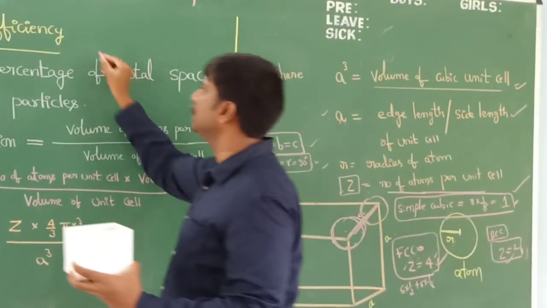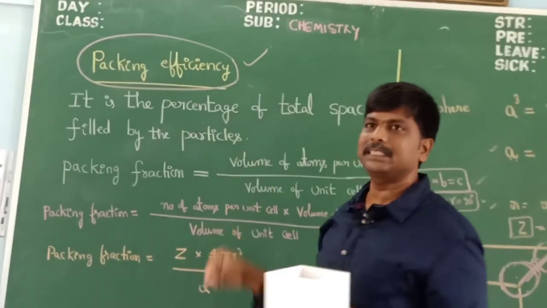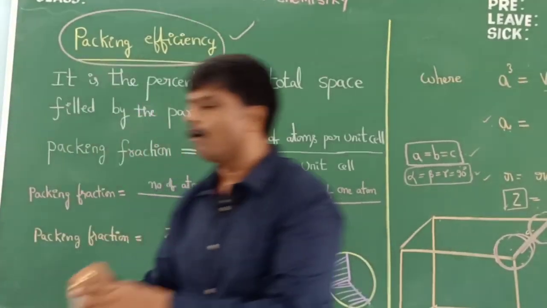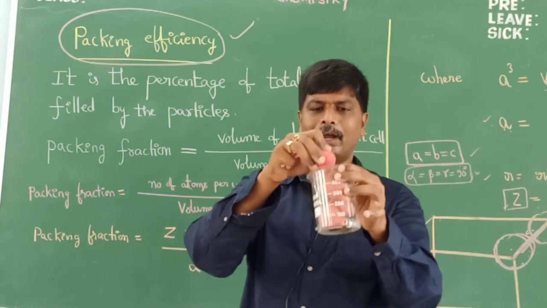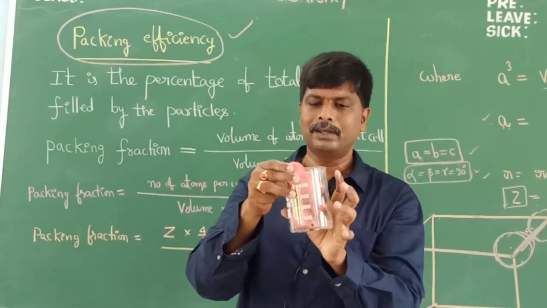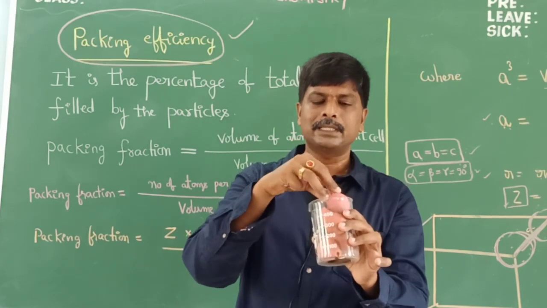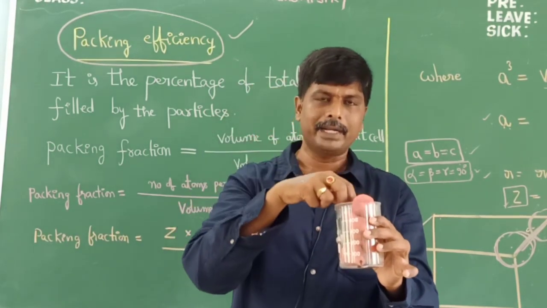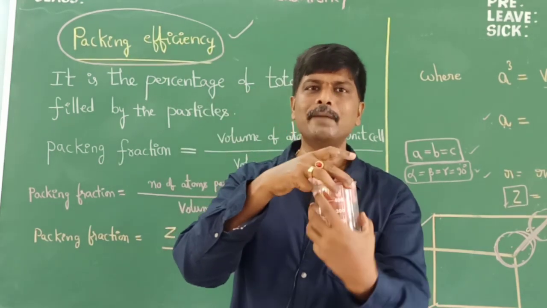Now I will come to today's topic, packing efficiency. I told you at the start, packing efficiency means out of the available volume, this is the total volume available, and this is the occupied volume, the occupied space. So how much space is occupied by the particles out of the total available volume?